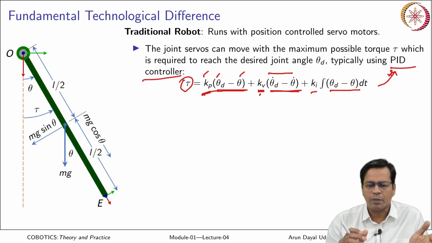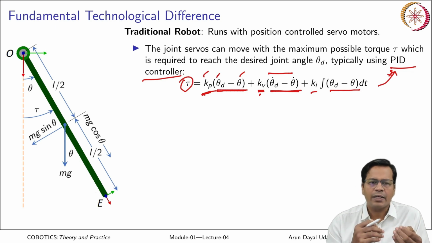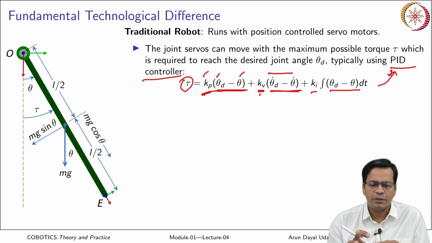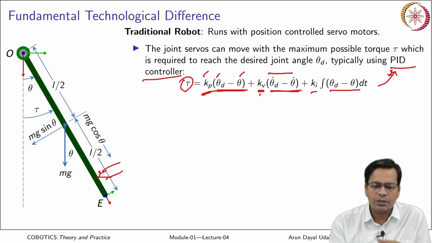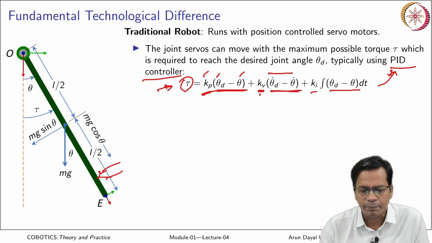So torque is an outcome of joint angular error. As long as the error is there, it is going to provide continuous torque to the robot joint. So what happens if there is any obstruction anywhere over here? This continuous torque will provide continuous current to the joints, and the motor may get damaged or too much heated up.